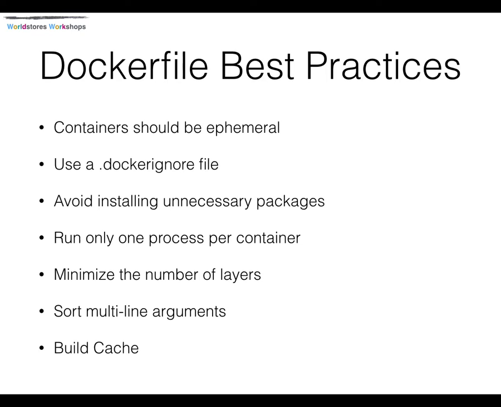So, minimizing the number of layers and sorting multi-line arguments. Essentially within each run command within a Dockerfile, and this will probably make more sense when we actually build one in a second, each command executes a new layer on top of your base image.